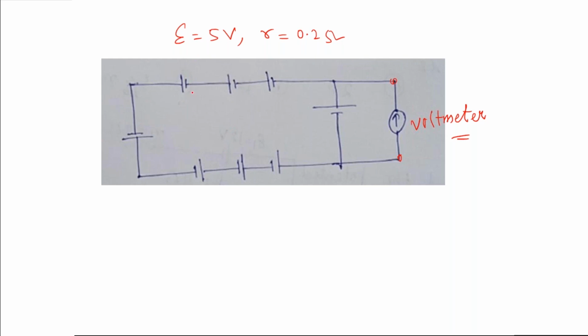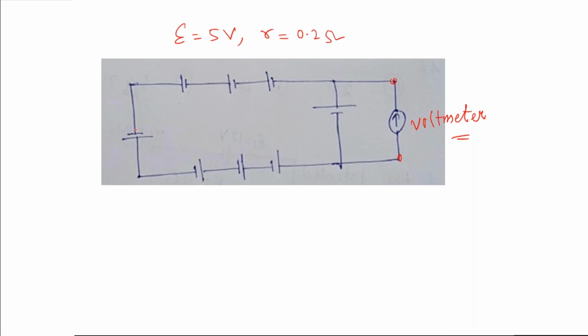This is actually from the combination of the cells. This is not exactly Kirchhoff's law, but it is from combination of cells. I don't know whether you can understand. When I have this kind of combination, where the negative terminal of one battery is connected to the positive terminal of the other battery and so on, then it is a series combination.